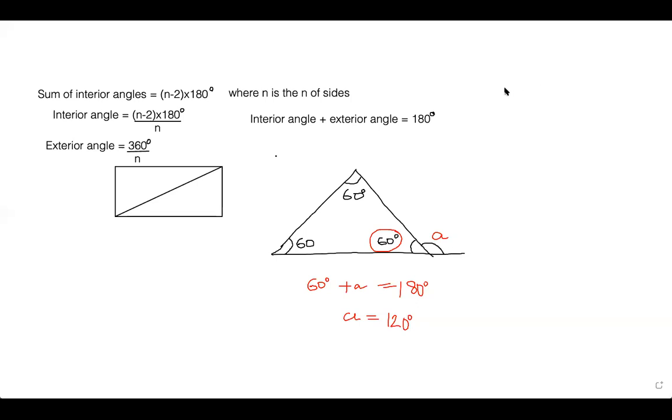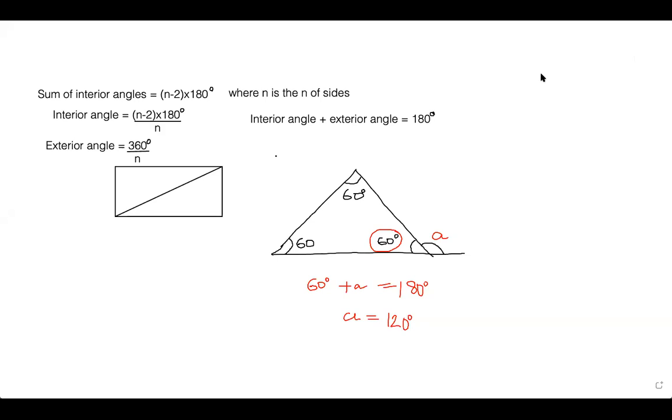The teacher was trying to explain that the interior angle is equal to n minus 2 times 180 degrees over n. N minus 2 represents the number of triangles in a given polygon. We gave an illustration with a rectangle. When you draw a diagonal line, it gives you 2 triangles.